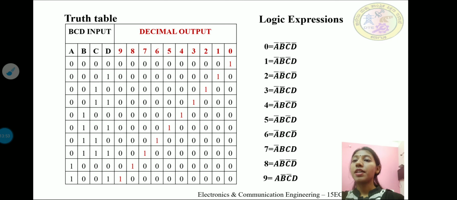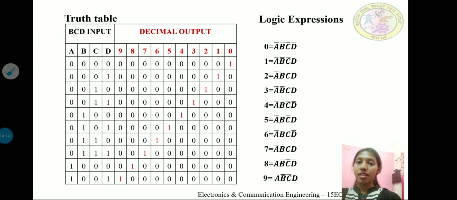And digit 5 is high for the input combination 0, 1, 0, 1, and it is expressed as A complement, B, C complement, D. And digit 6 is high for the input combination 0, 1, 1, 0, and it is expressed as A complement, B, C, D complement.